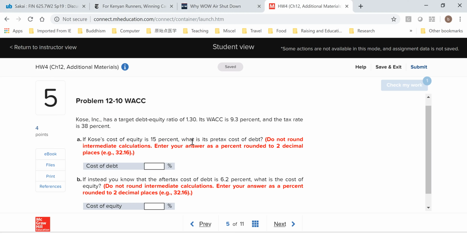This question doesn't necessarily require Excel, but one big advantage is that it can meet the rounding requirement very easily. For example, do not round intermediate calculations and enter your answer as a percent rounded to 2 decimal places. That's easy because you can change the number of decimal places in Excel.